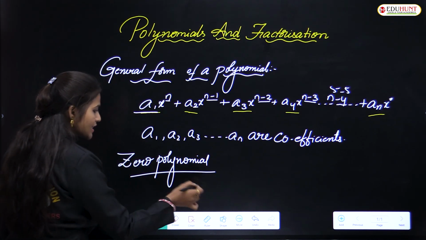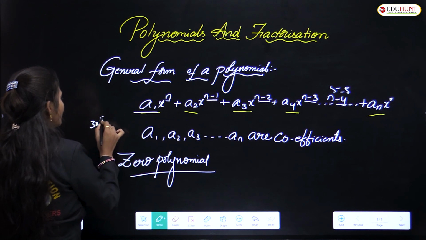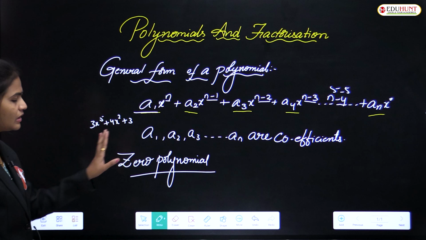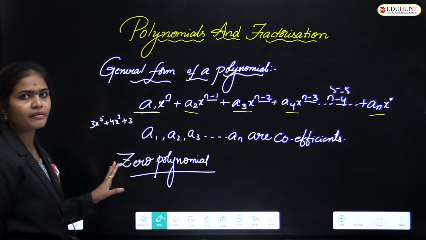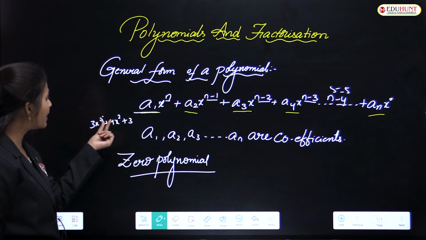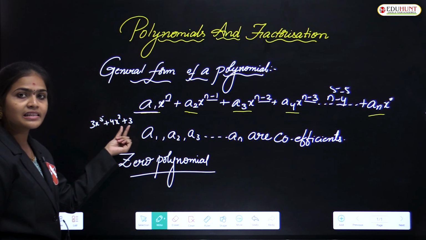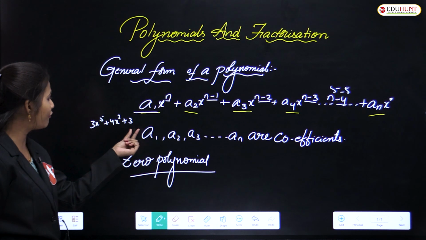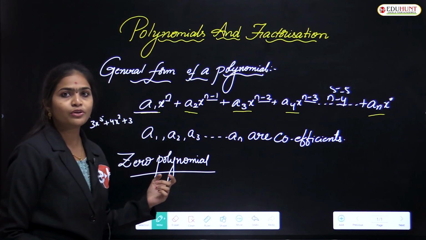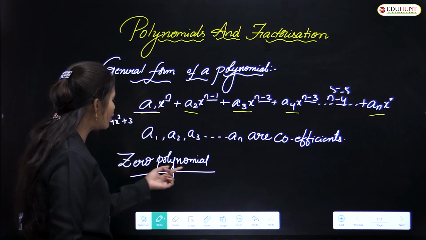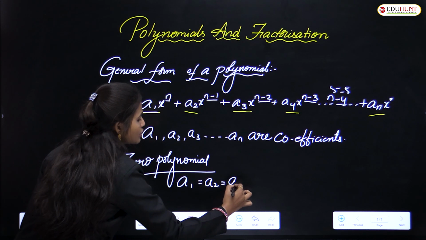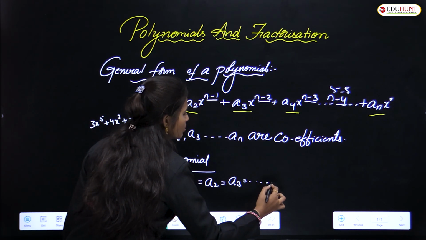Just now I explained, for example, 3x power 5 plus 4x square plus 3, where only those powers are there. So here a1 is equal to 3, a2 is not there, a3 is not there, a4 is given, a5 is not there, a6 is given. That's why we say a1, a2, a3 and so on. So zero polynomial means here a1 is equal to, a2 is equal to, a3 is equal to, and so on.